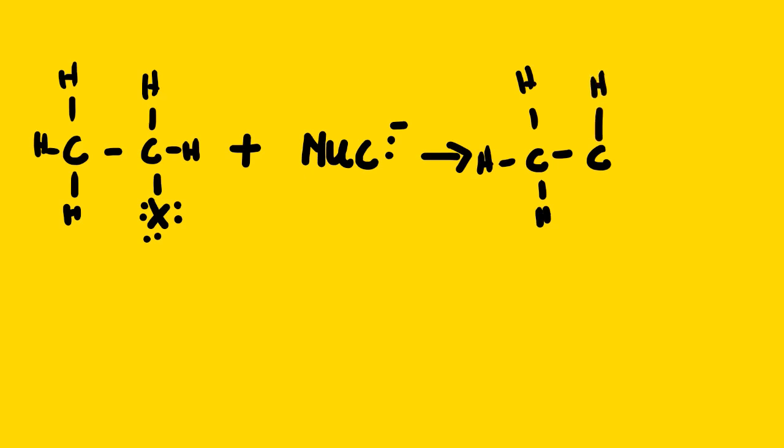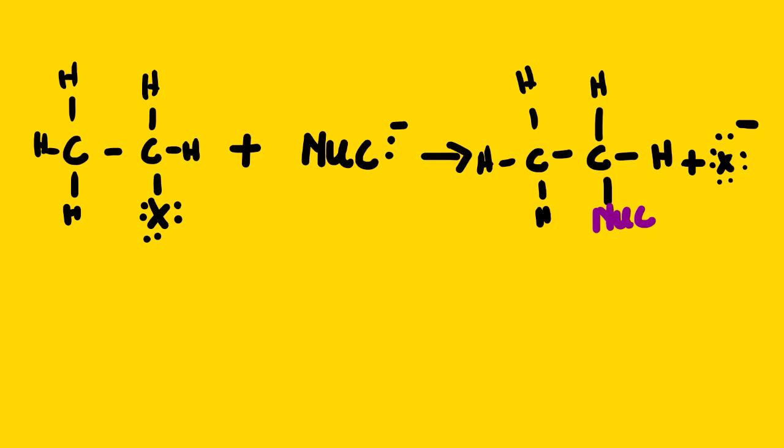This is a nucleophilic substitution, meaning that we replace a halogen or a halide ion with a nucleophile. So our nucleophile will be here, and then plus our halide ion. So according to the statement, we actually replace a leaving group with a nucleophile.